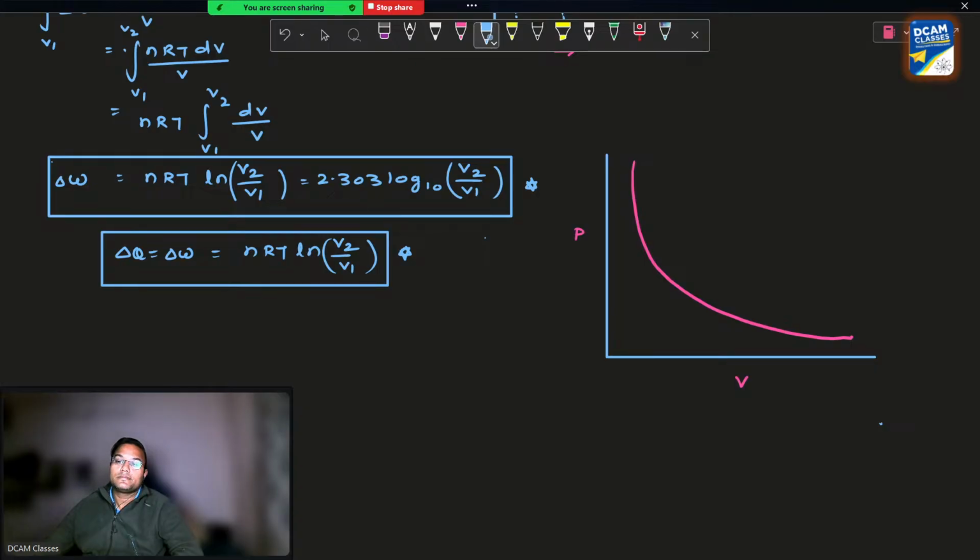Rectangular hyperbola. Now, if I'm drawing the other hyperbola, and I say this has the temperature T1, this has the temperature T2.